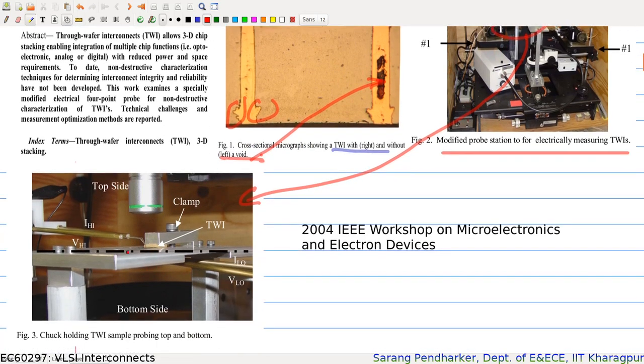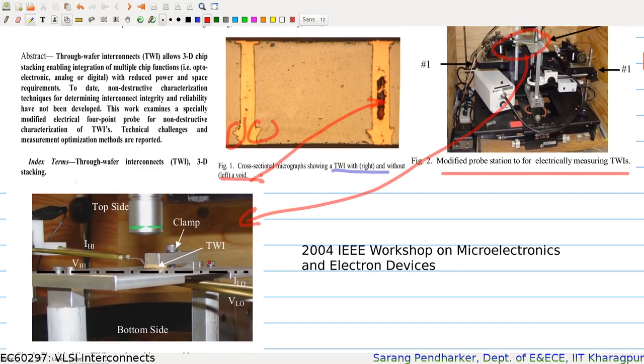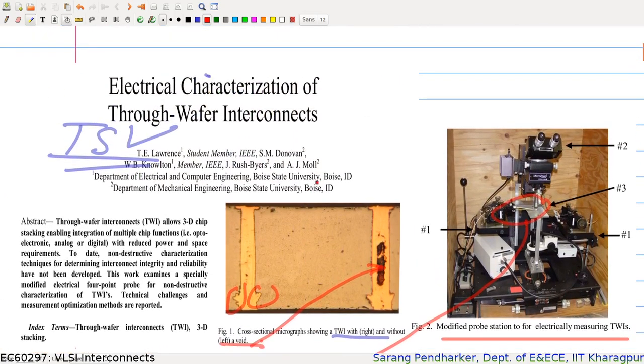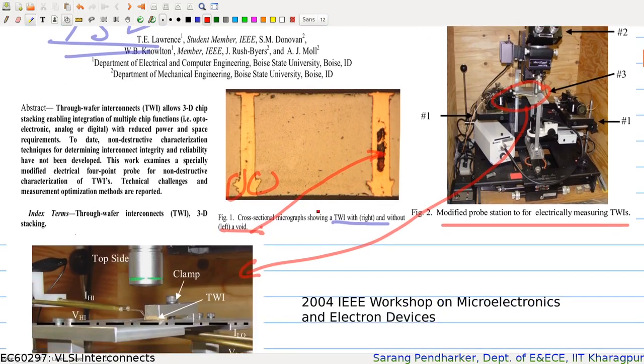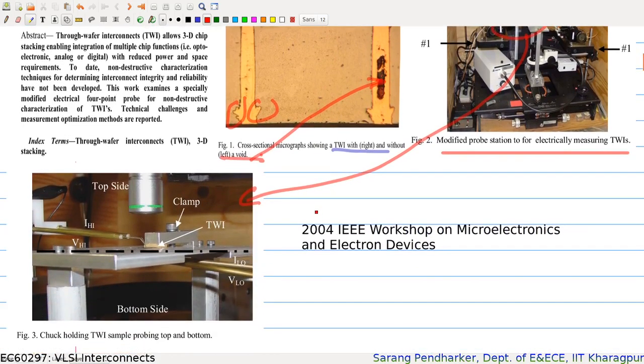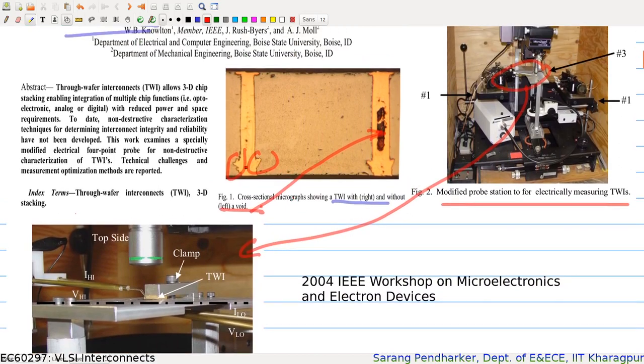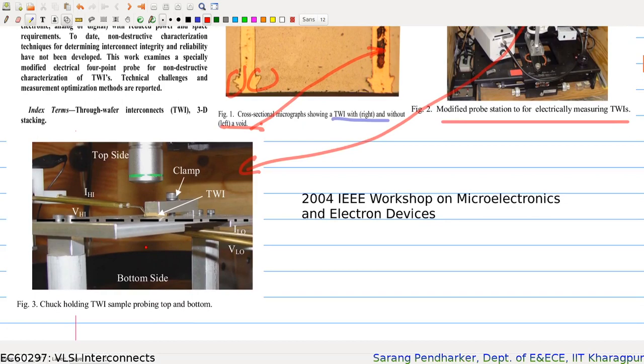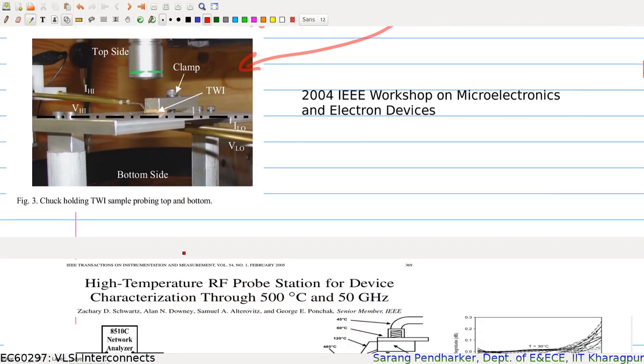This is, I think, a 4 probe station. This is not a high frequency characterization. Let me clarify that this paper does not talk about S parameters and other high frequency characterization, but it tells us what the structure can be, and it gives a good schematic of the probe station which would be required.